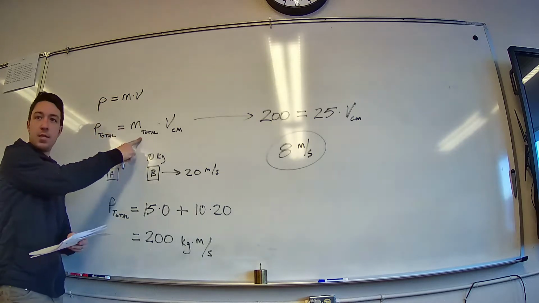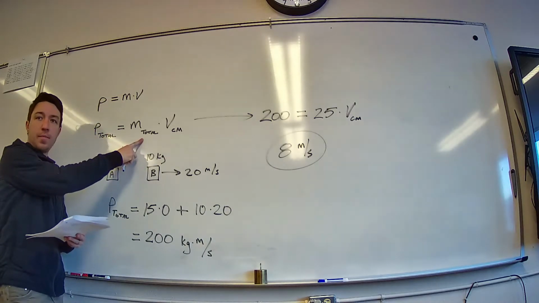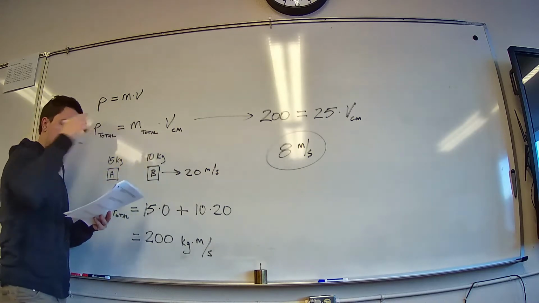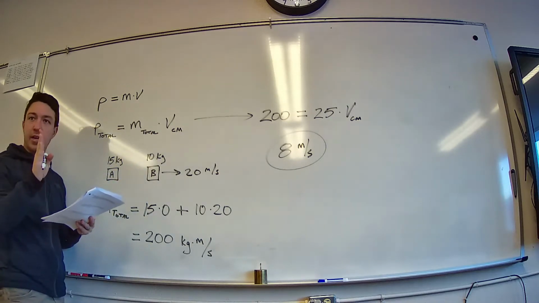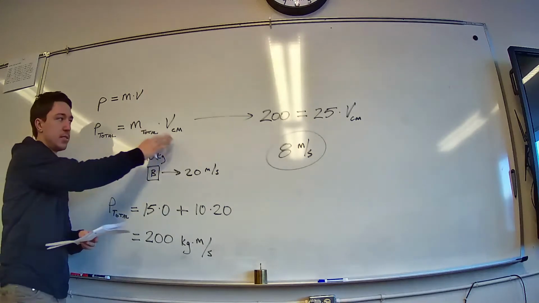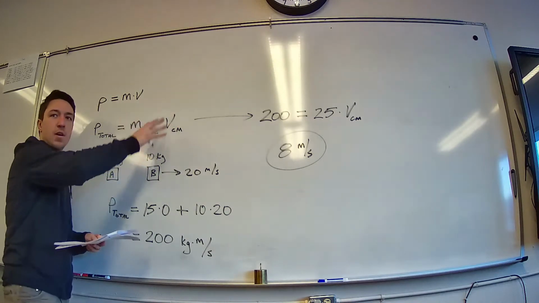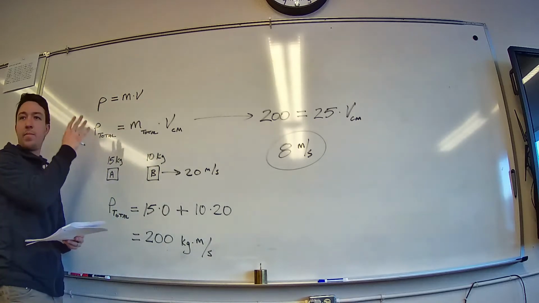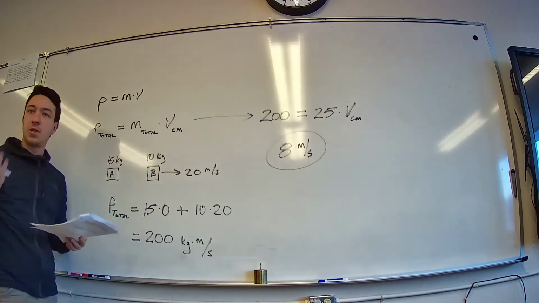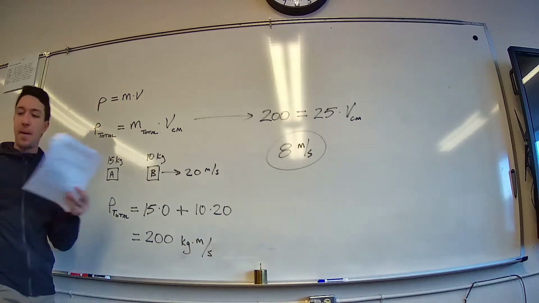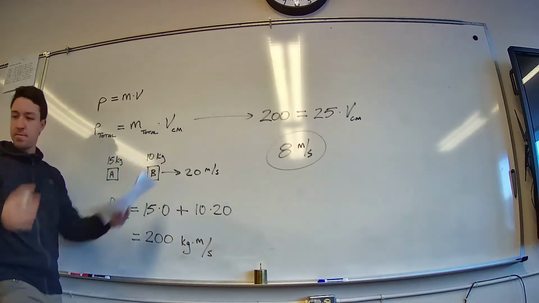The total mass is the quantity M1 plus M2. They're saying that if the center of mass is stationary, this is 0. That makes the whole right side 0. What that means is the total momentum of the system is 0, so M1 V1 is equal to the opposite of M2 V2. Gotcha.